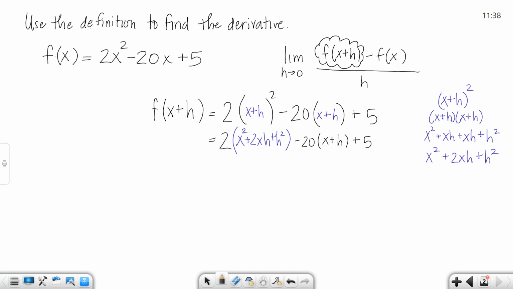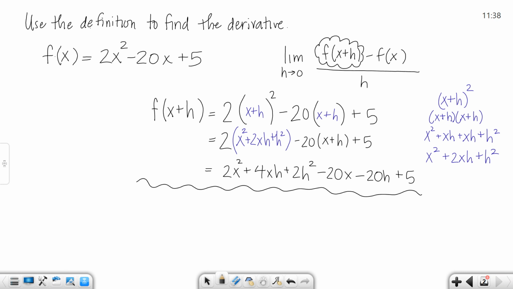Simplifying this out, just distributing through, we get 2x squared plus 4xh plus 2h squared minus 20x minus 20h plus 5. Nothing simplifies. That's the end of step 1, and that completes the cloud that I've circled at the top of the page.